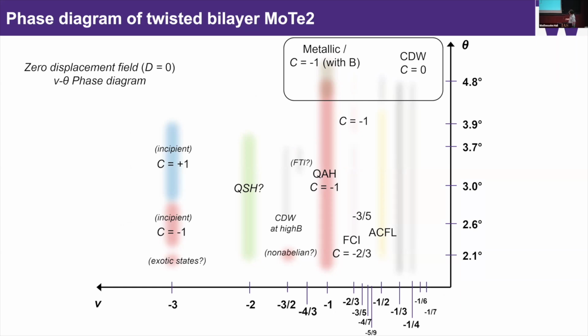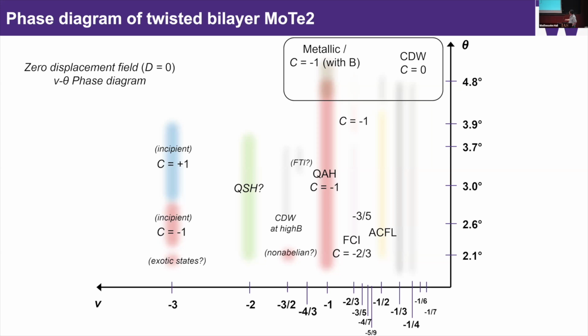What I show you here is basically at the 3/2 filling, for example, at the 4/3 filling, there's a possibility of exotic states such as FTIs or non-abelians. Recently, Andrei, Nikolai, and collaborators had some pretty exciting theory to explain the possibility of a TI state at the 4/3 fillings.